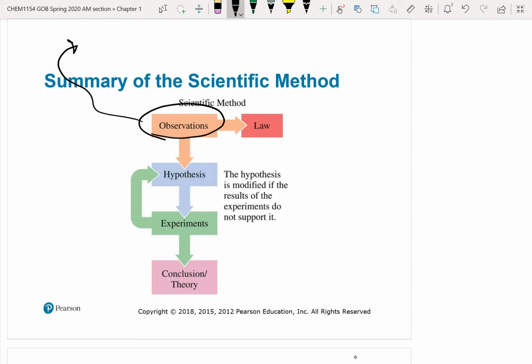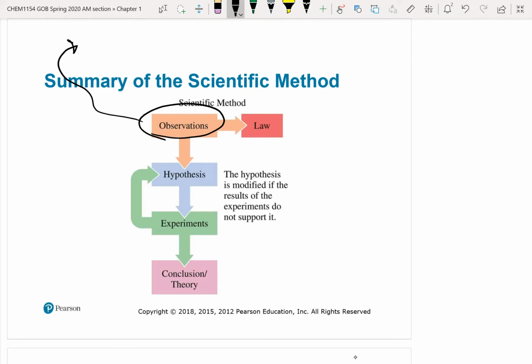Can an observation only be something that you see? Can it be other types of things? Something you experience? Something you feel, so like hot or cold? So touch. What about something that you hear? Could that be an observation as well? Yeah, all of those can be classified as observations.